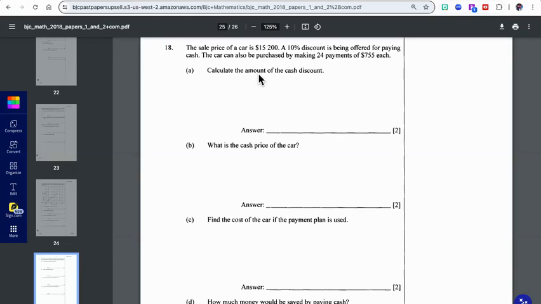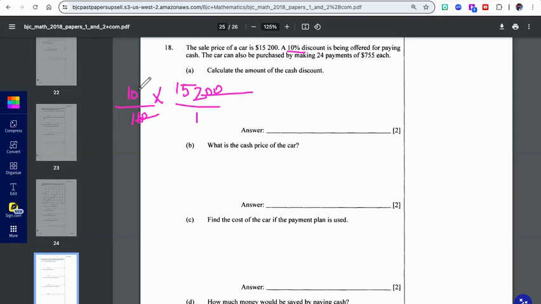Okay, so calculate the amount of the discount. It says the sale price of a car is $15,200. A 10% discount is being offered. I need to find 10% of this. So it's going to be 10% over 100 multiplied by the 15,200. Again, there's my zeros. There are 2 zeros at the bottom, 2 zeros at the top. That's removed.